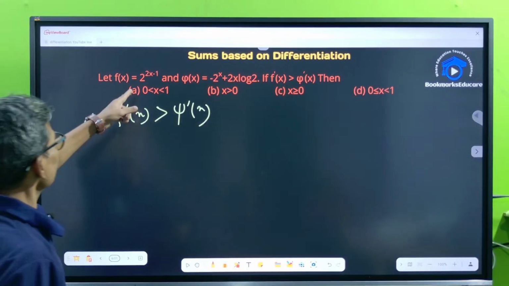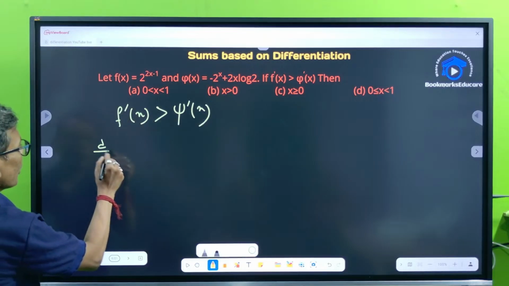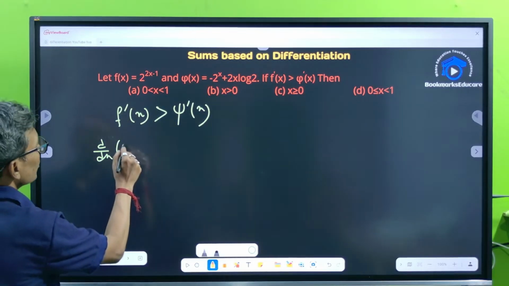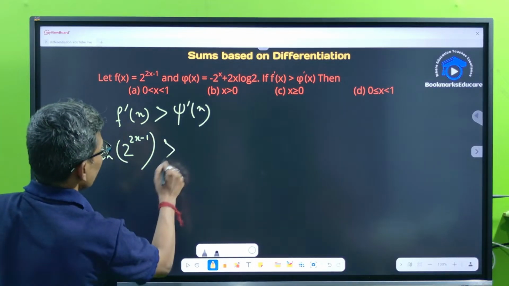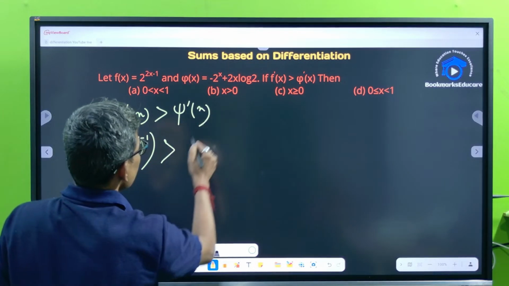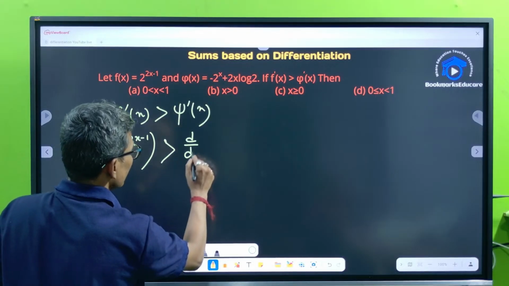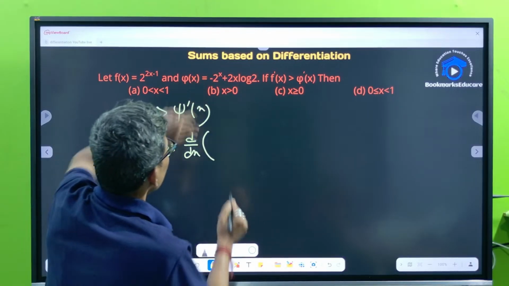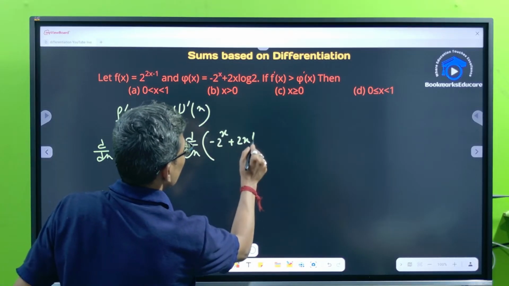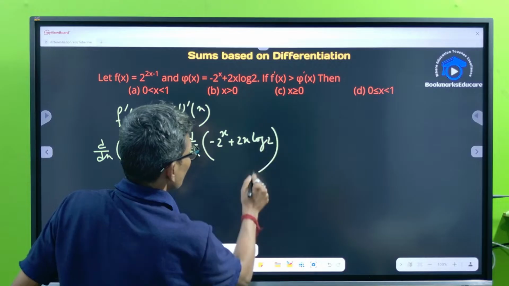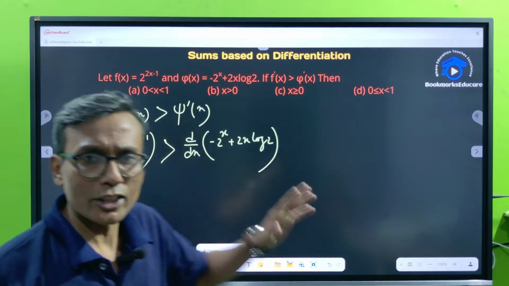f dash x means d/dx of 2 to the power 2x minus 1, greater than psi dash x, which means d/dx of minus 2 to the power x plus 2x into log 2 to the base e. Here e is in understood form.